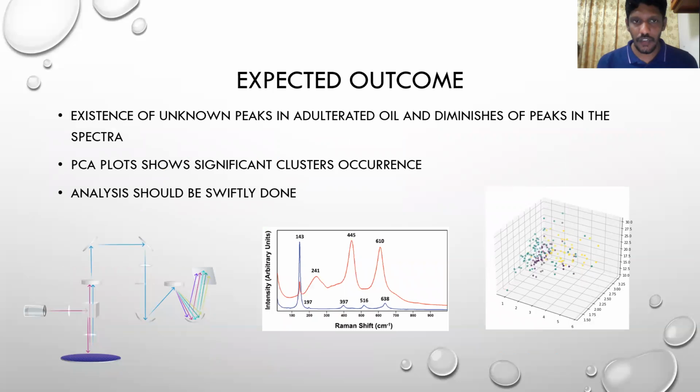So the expected outcome from this experiment is the existence of unknown peaks in adulterated oil and diminishing of peaks in the spectra. And also the PCA plot should show the cluster occurrence for adulterated oil and fresh oil.